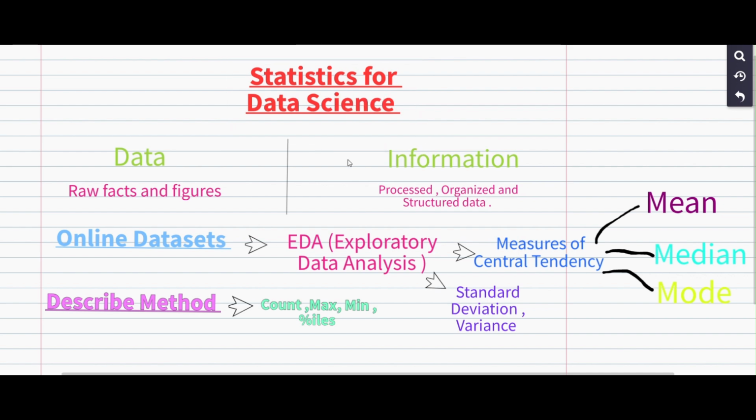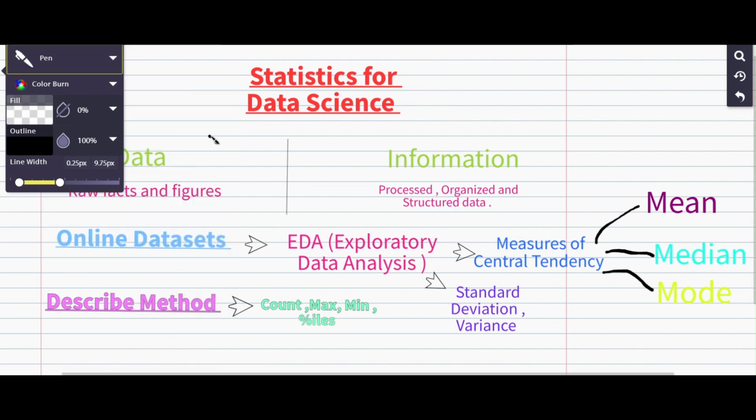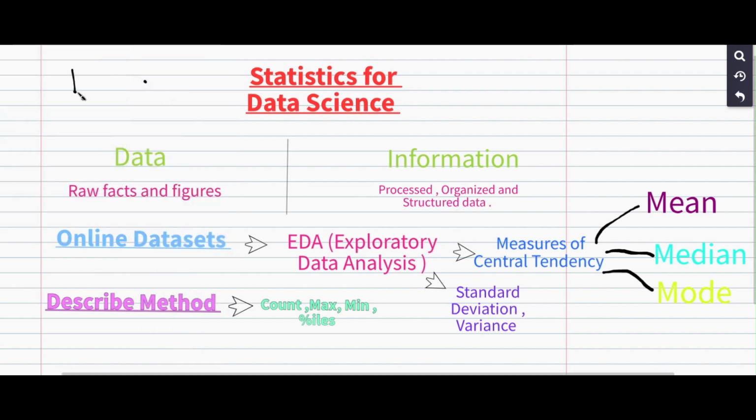So when it comes to data, what is data? Basically, data is something that is raw. If we take some facts and figures, like if I just write 1, 2, 3, and I ask you to interpret something from these numbers, you would say you couldn't interpret anything from it.